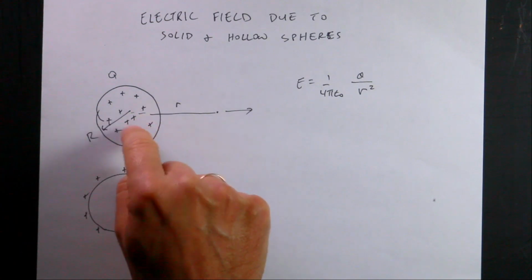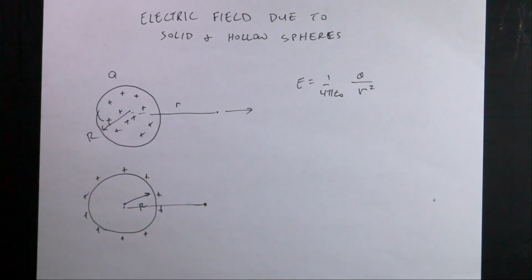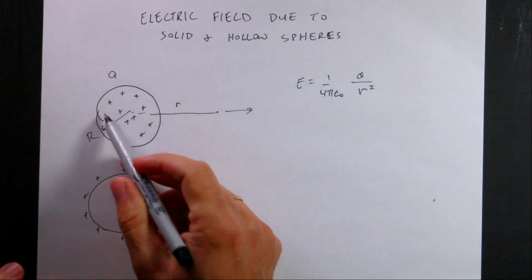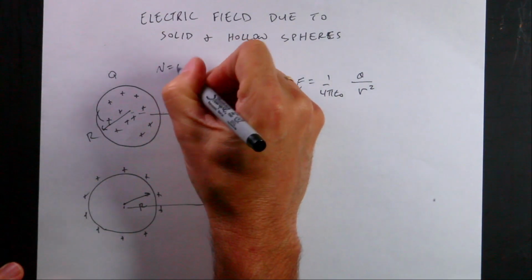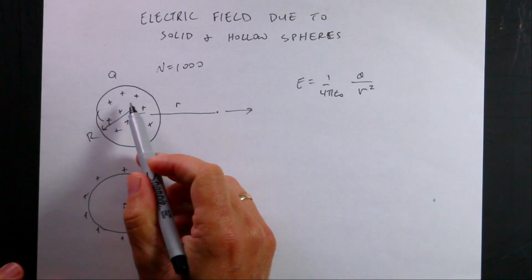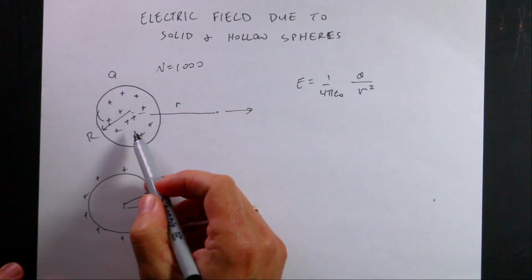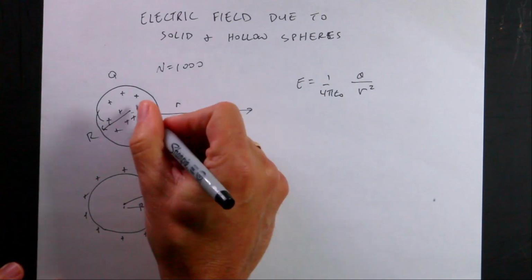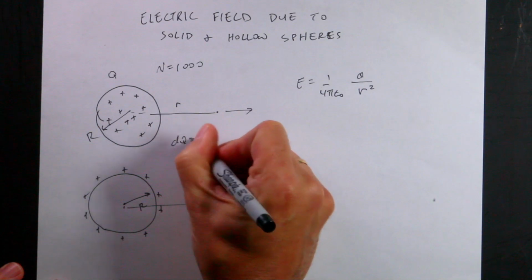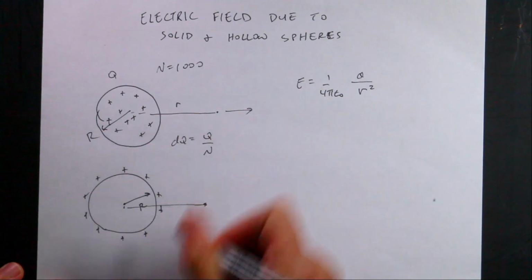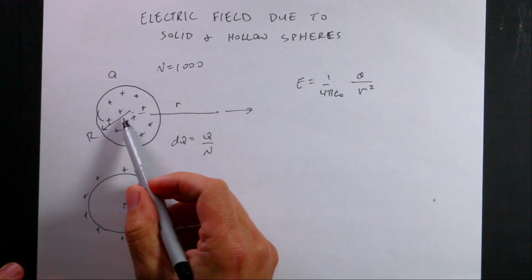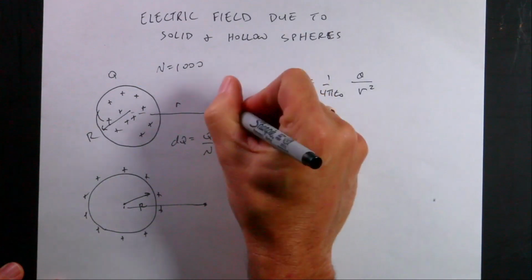Okay, so let's do this one first. I'm going to make, let's say, n equals 1,000 points, uniformly distributed throughout a spherical surface. Then I'm going to calculate the electric field due to all those, where each of those points will have dq equals q over n charge. So I need to know the location of each charge, and I want to know the location of my observation location.